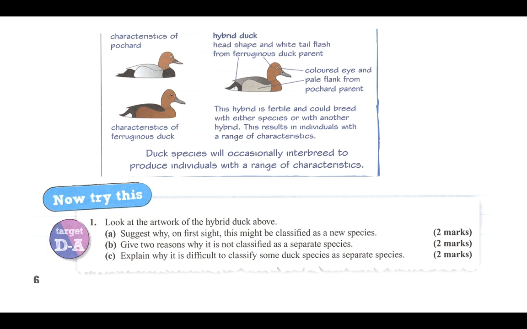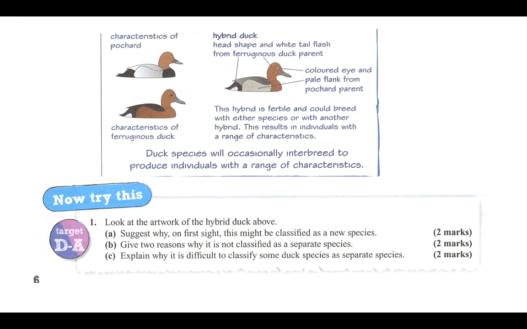So the only other problem is that it's able to breed with individuals of either parent species or other hybrids to produce fertile offspring. So this hybrid duck can breed with the pochard ducks to produce fertile offspring. It can breed with the ferruginous duck to produce fertile offspring, or it can reproduce with other hybrid ducks to produce fertile offspring.